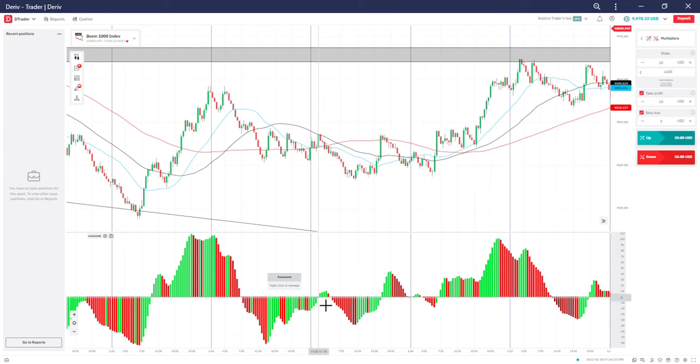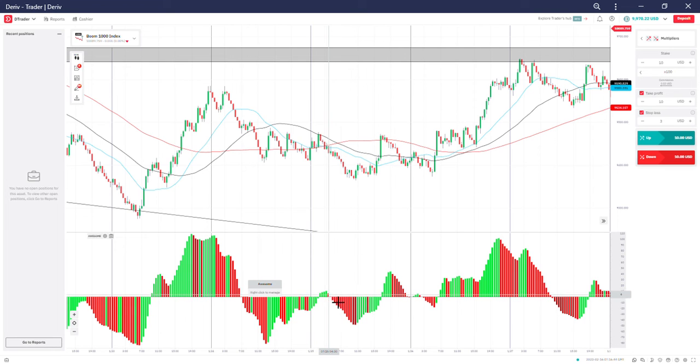And again, I will insist that the indicator is not always 100% perfect. For example, in this setup the market came and tried to cross over here, but it did not give us an exact long bullish trade to get into.